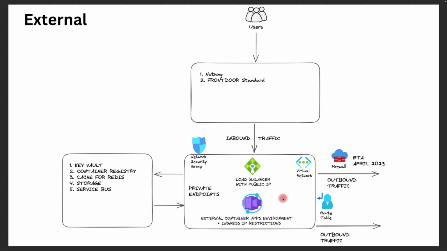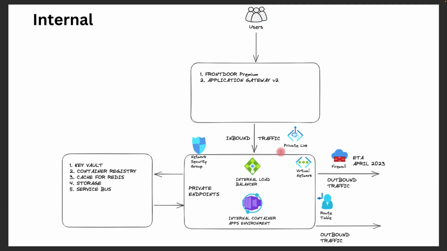For outbound traffic, we will deploy our route table, but for now we cannot use the firewall since it will be available around April, but we can route our traffic to the Azure network. And later, in the next episodes, we will deploy other resources.